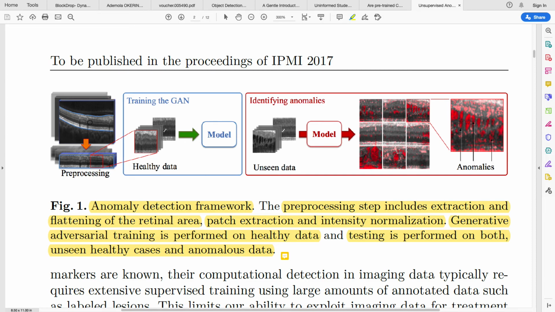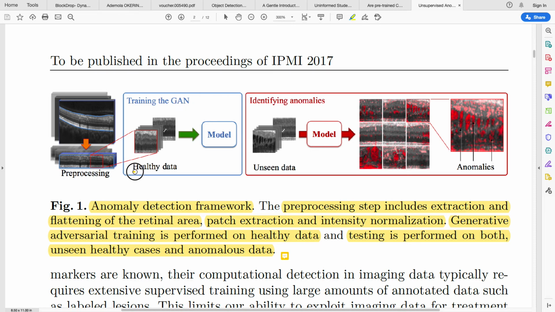Now here is the input image, and they did some little pre-processing on the input image, and they sent those input image into a training, to train the generative adversarial network, which is a deep convolutional generative adversarial network.